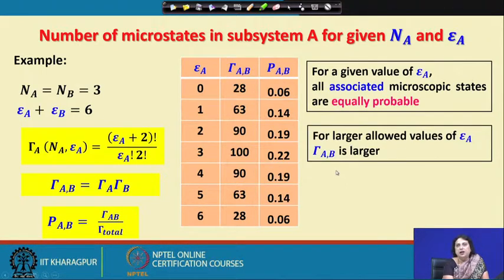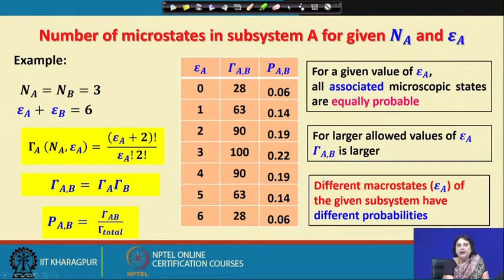For larger allowed values of epsilon A, gamma A B is larger. If I go from 2 to 3, the number of accessible microscopic states is increasing. And finally, there are 7 macro states possible to characterize the subsystem A.